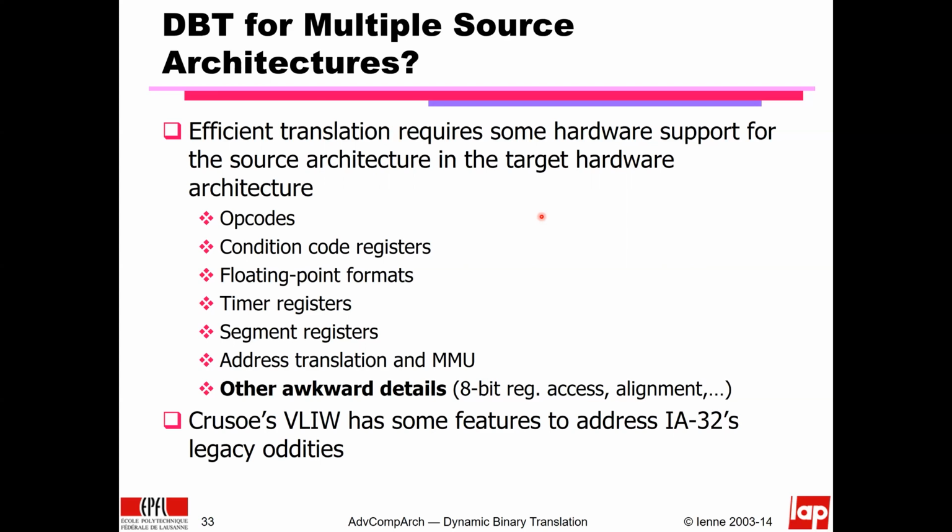So condition code registers are there exactly like in the x86. The internal floating point formats are the same, and a number of things that could be different are actually done the same way to simplify the translation and, let's say, recompilation.